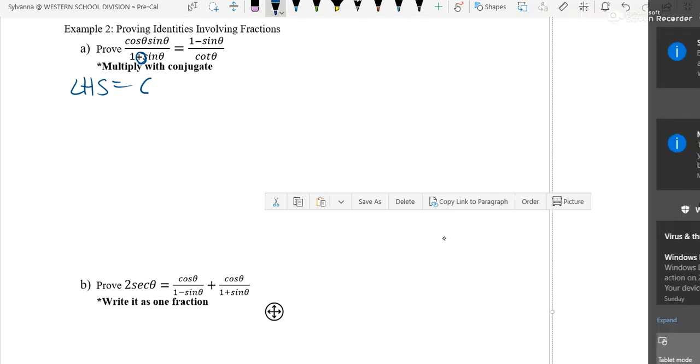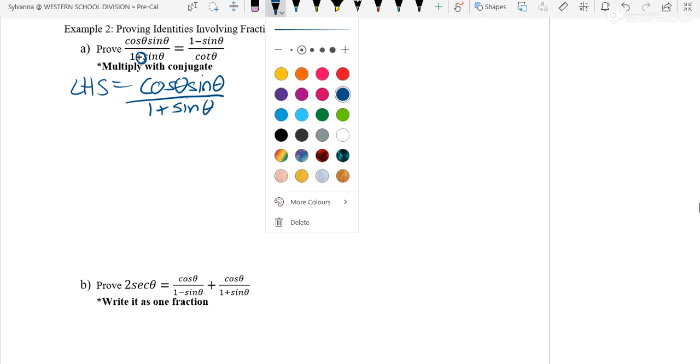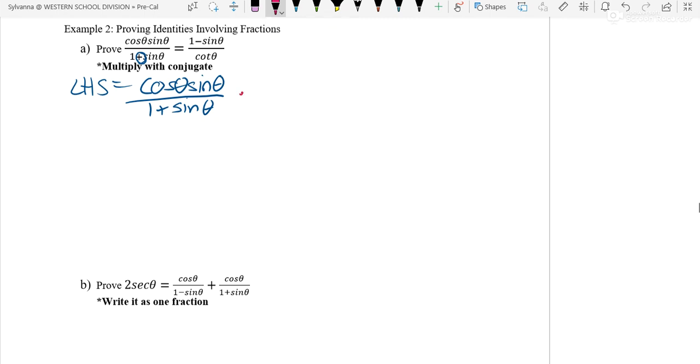So we have cos theta over 1 plus sine theta, and the conjugate we're going to multiply it by is going to be 1 minus sine theta, top and bottom.